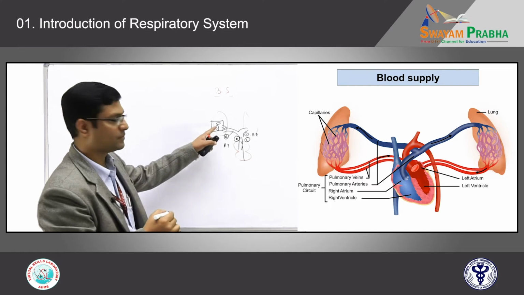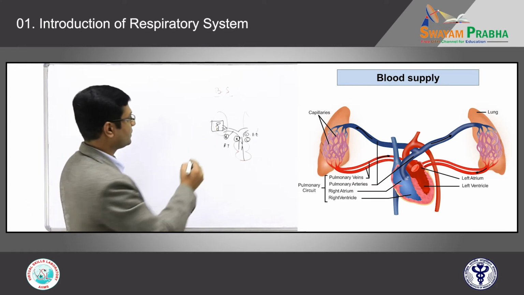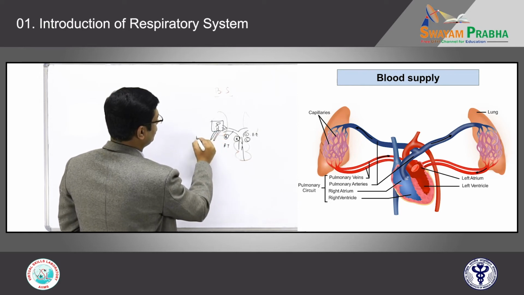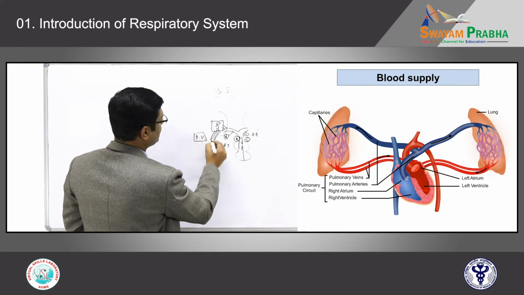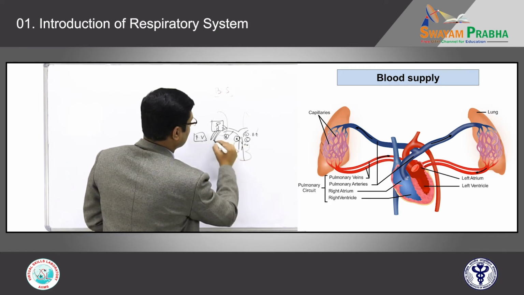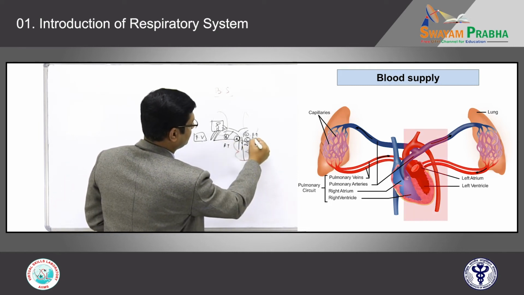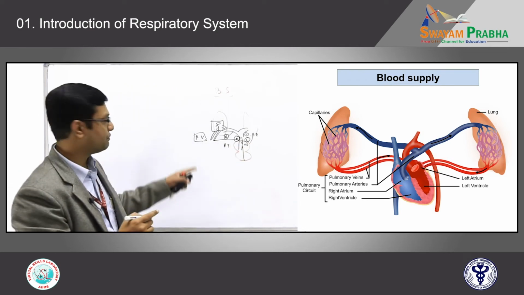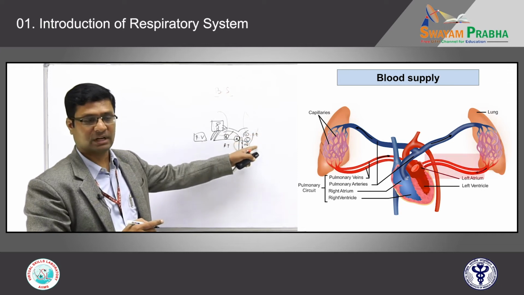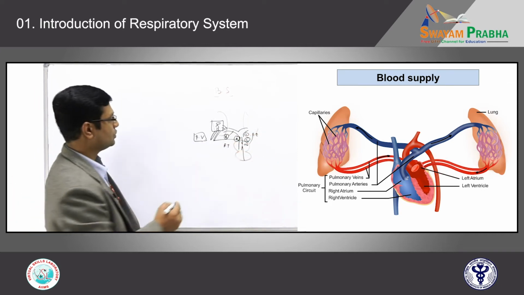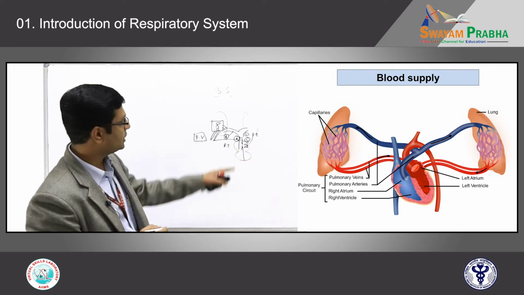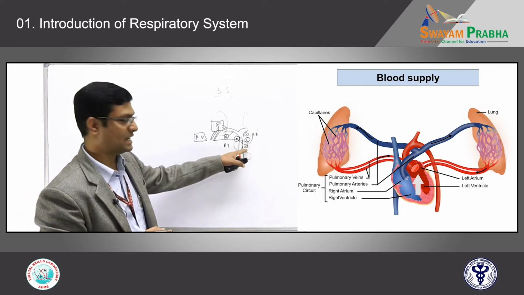Once it receives the oxygen, it forms blood vessels called pulmonary veins. These pulmonary veins enter the left side of the heart, two pulmonary veins from the right lung, two from the left lung. You can see in the picture. So, there are four pulmonary veins, they come and drain the oxygenated blood into the left atrium.